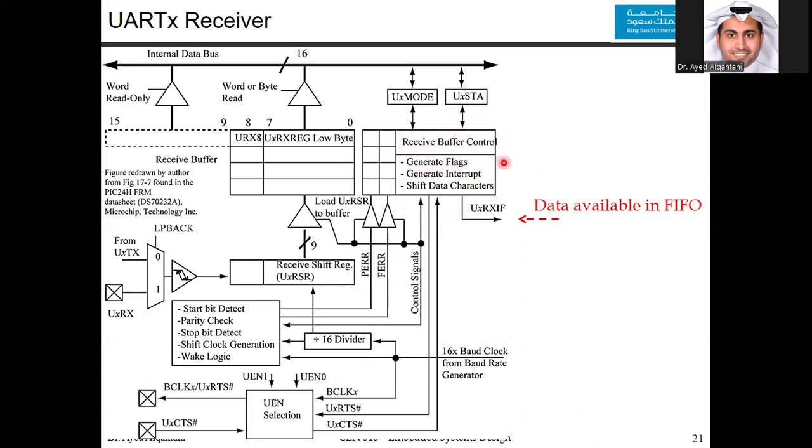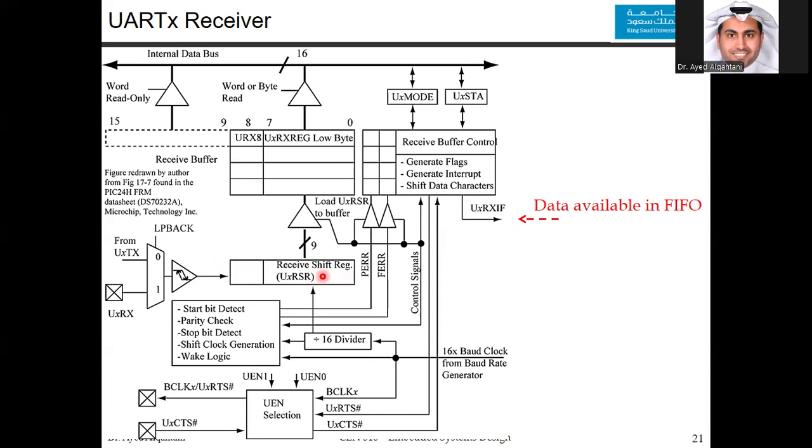They are responsible for many things like generating the flag, generating the interrupt, shifting the data characters, and so on. And also they generate the receive interrupt flag. When you receive something, the CPU is usually busy doing something else. Once it sees the interrupt flag, it means that there is something being received in the receiver shift register.